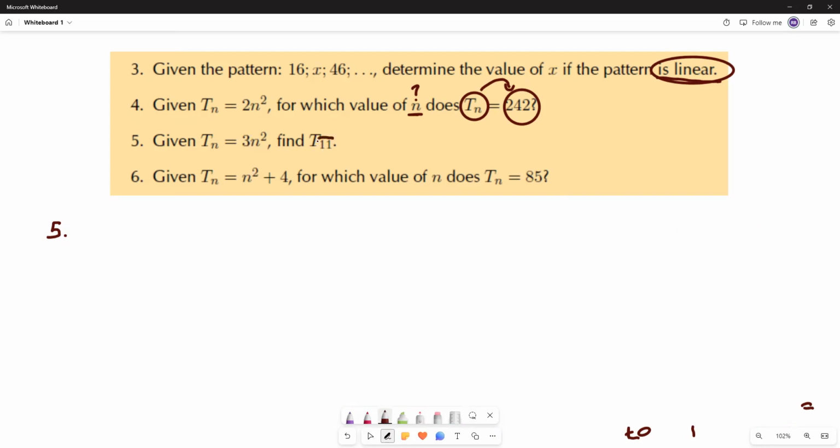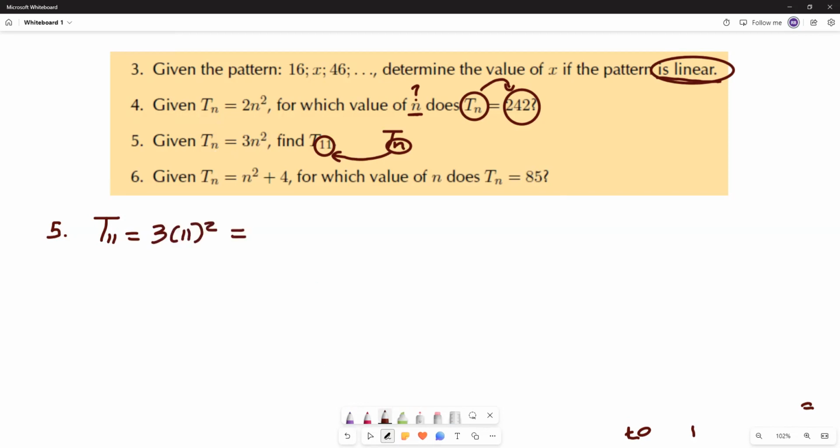You see? So here they give us n to be 11. Remember, this is usually Tn. So it means they replace the n with 11, which means we need to replace our n with 11 in the pattern. So I'm going to have T11 equals 3 times 11 squared.